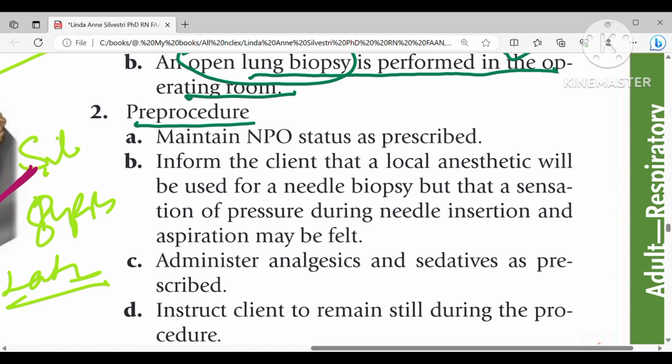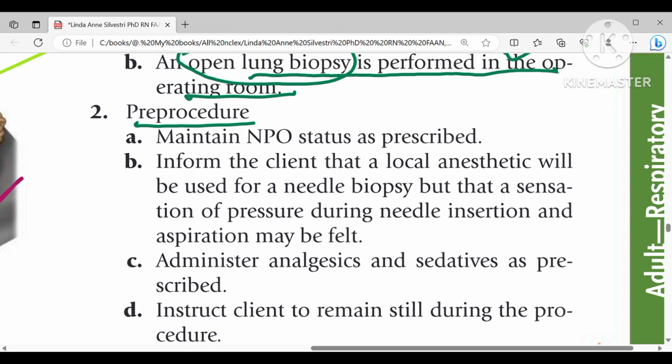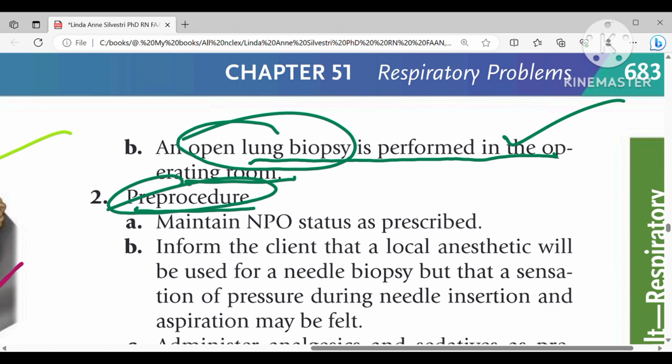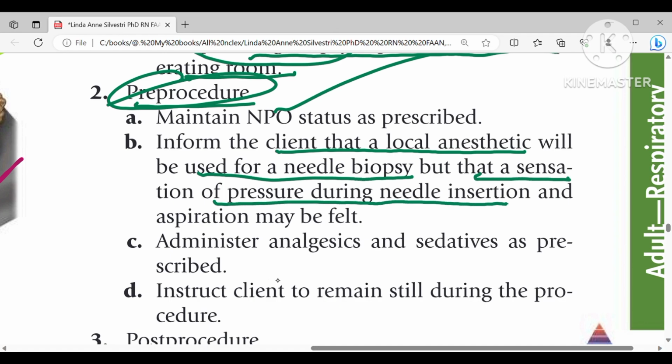Next is the pre-procedure. For any procedure there is a pre-procedure. What is the nurse's responsibility? Maintain SpO2 status as prescribed. Inform the client that local anesthetics will be used for needle biopsy, but a sensation of pressure during needle insertion and aspiration may be felt.